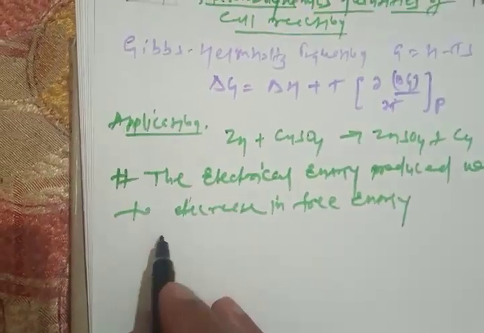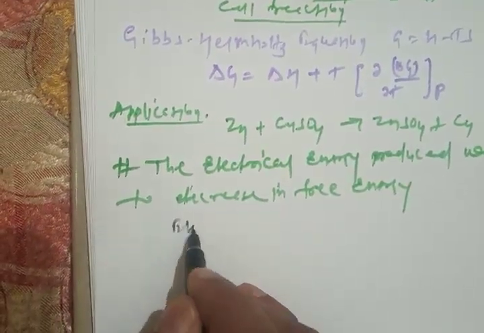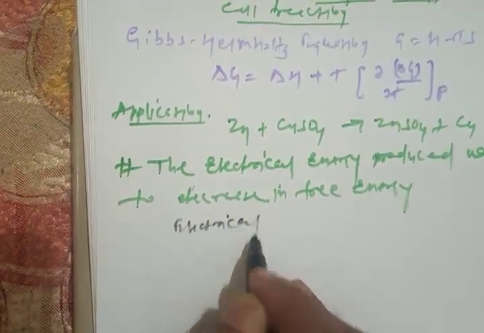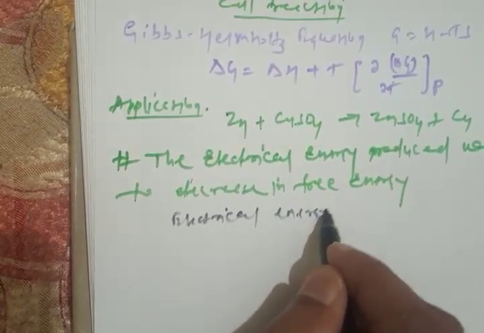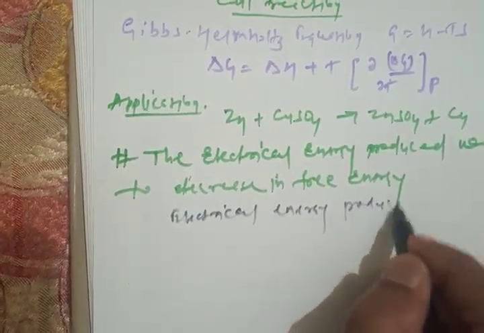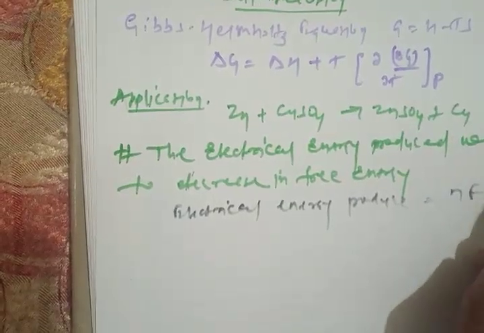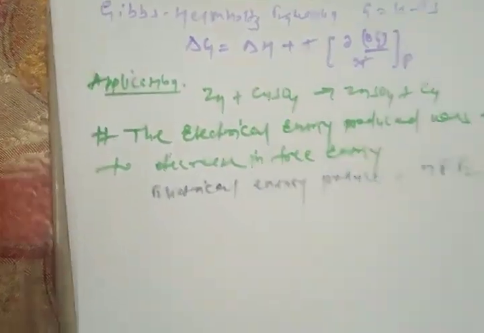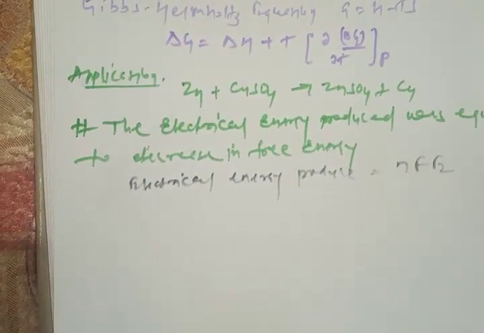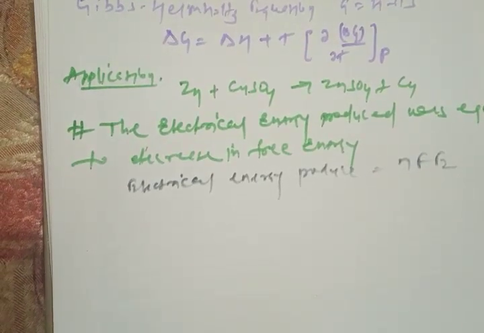So we know that the electrical energy produced is nFE. n is the number of electrons, F is the Faraday constant, and E is the EMF.